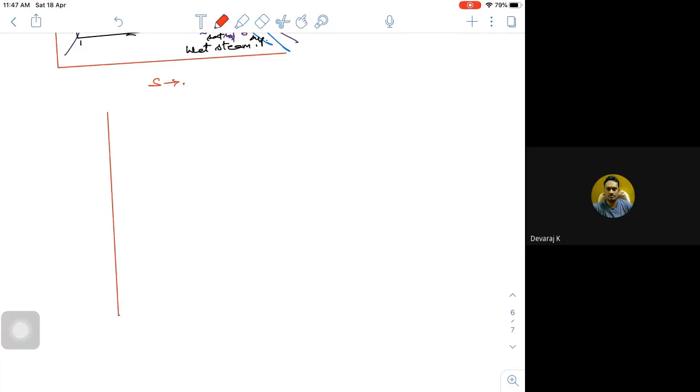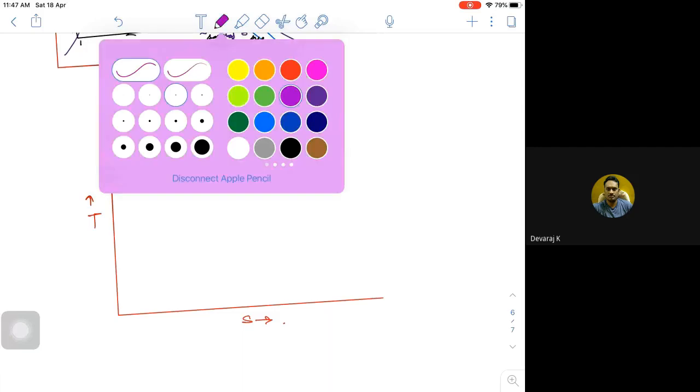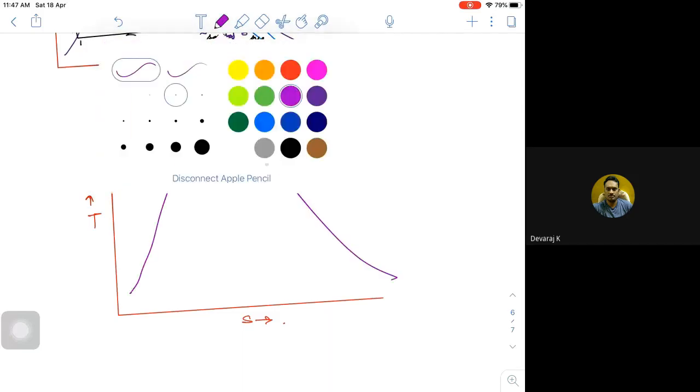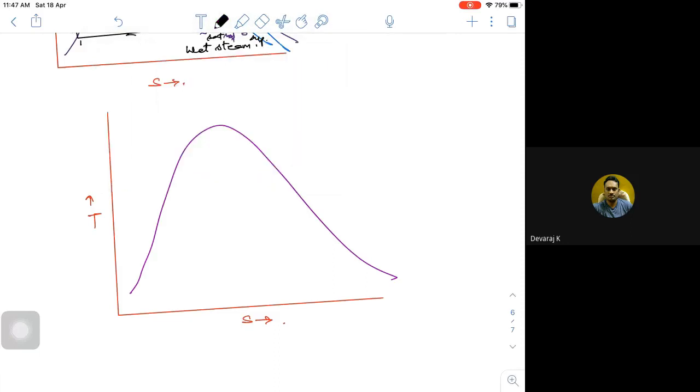If I take reheating, this is your P, and I have a dome like this, and I try to go to point 1 to 2.